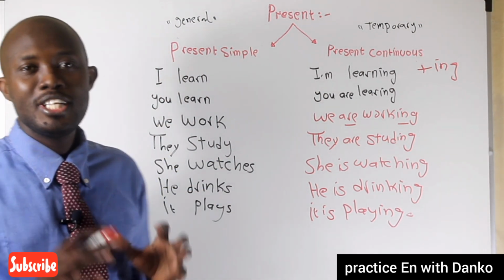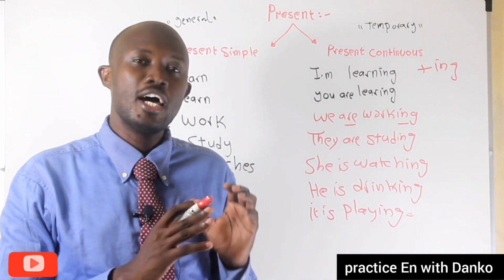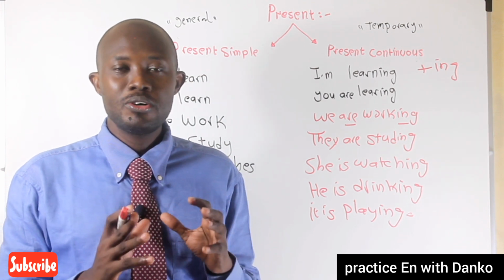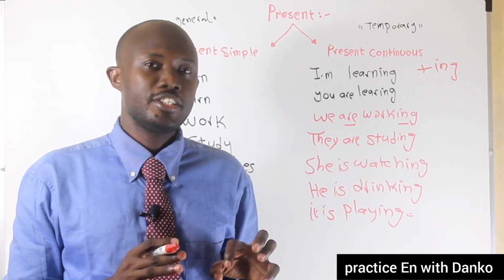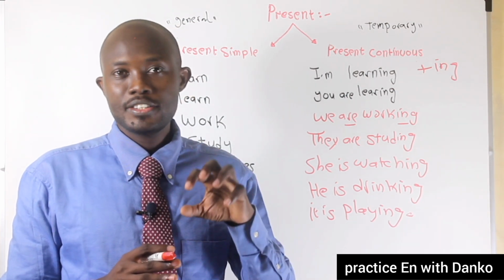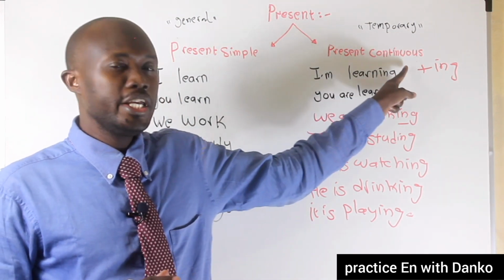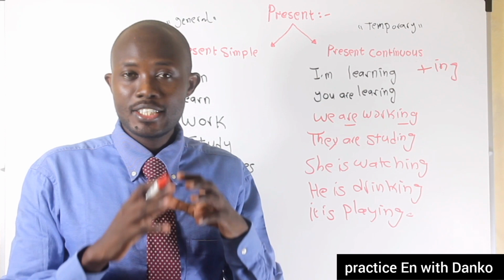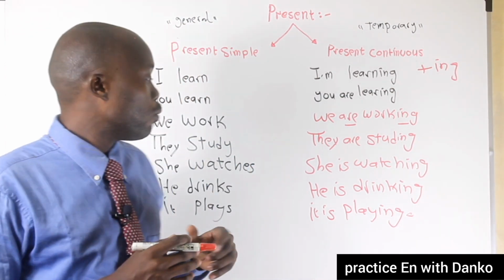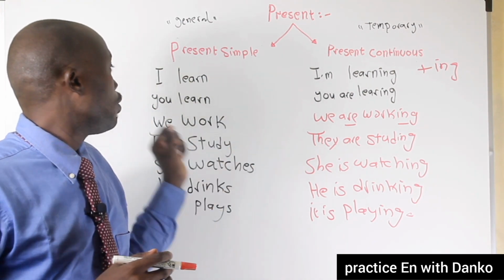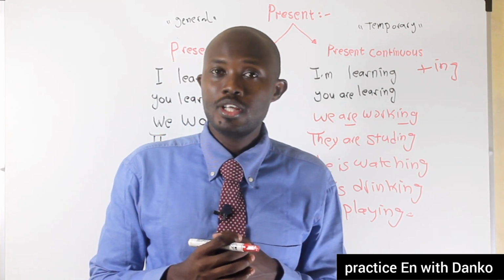So this is a very simple explanation about the present simple and present continuous, because this kind of verb is really necessary in our daily conversations. If you want to tell others about something happening for a period of time, you must use the present continuous to explain actions at a time. When we talk about the present simple, we use this kind of word to explain the present simple tense.